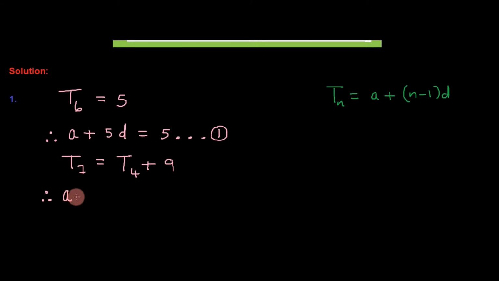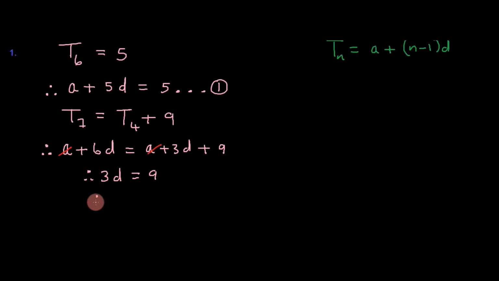The left-hand side is a plus 6d. Then we have a plus 3d plus 9. The a's cancel on both sides. And then 6d minus 3d is 3d, so 3d is 9. And in solving for d, we see that d is equal to 3.